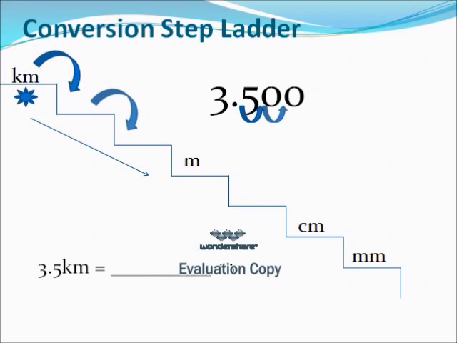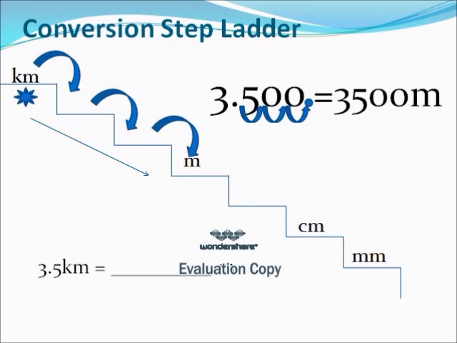We go down another step, decimal point moves again. We go down 1 more step, the decimal point moves again and lands at the end of the number. Okay, so the blue is our new decimal point. Ignore the black one for now. So that gives us 3,500 meters. So 3.5 kilometers equals 3,500 meters.